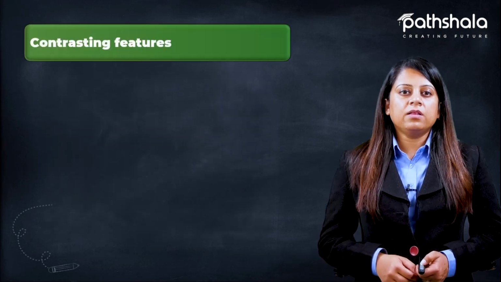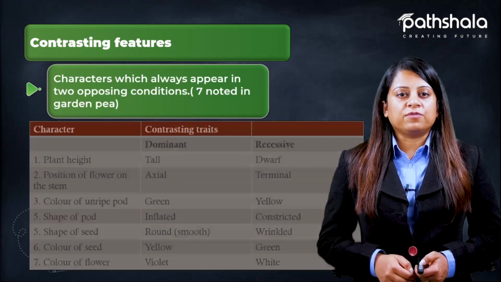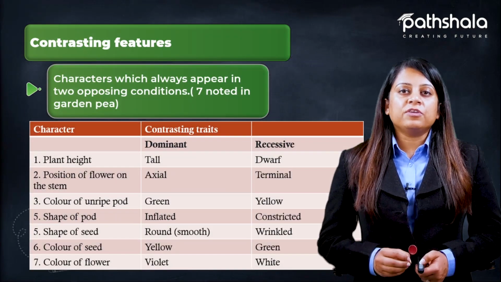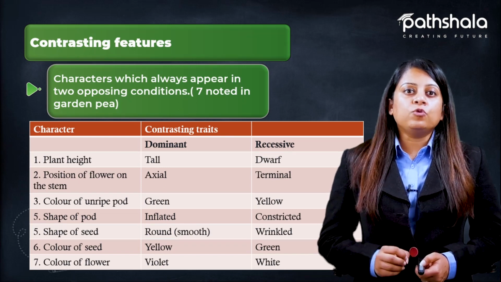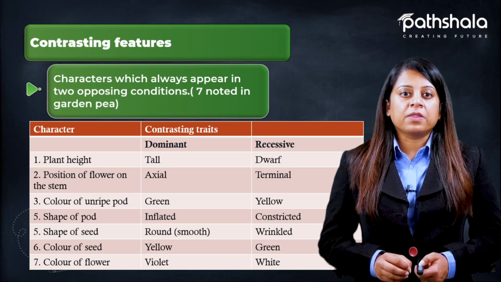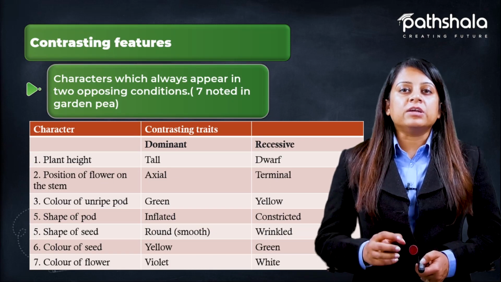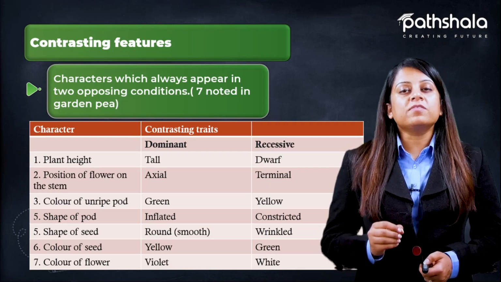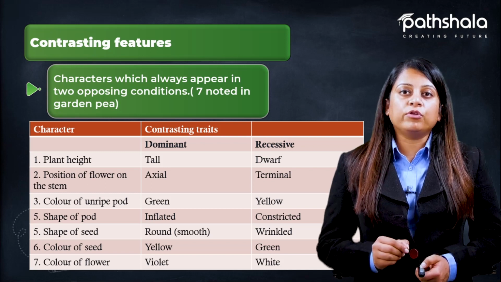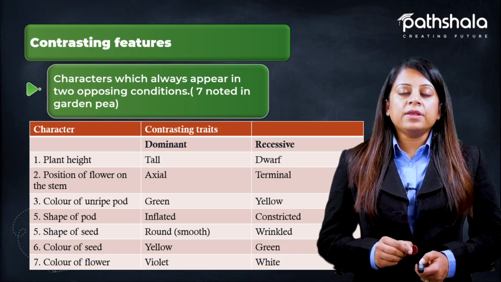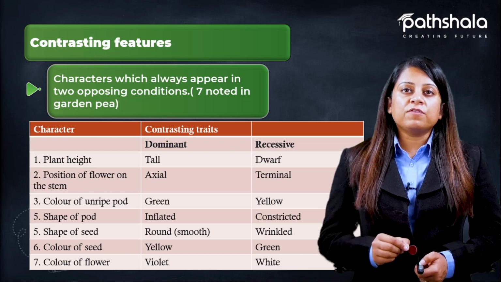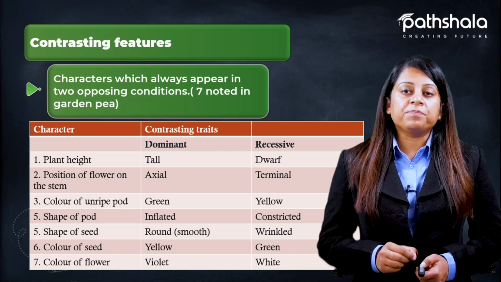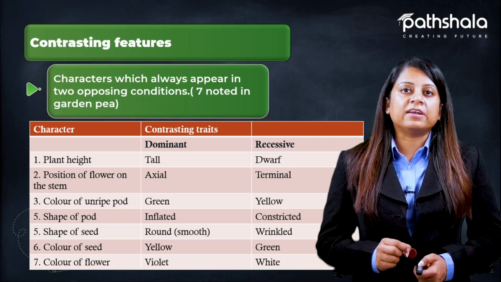Next, let us see what are contrasting features. So contrasting features are the characters which always appear in two opposing conditions. For example, first let us understand the meaning of the dominant gene. So dominant gene is basically that gene which is responsible for giving the appearance to an organism in the presence of an alternative gene.